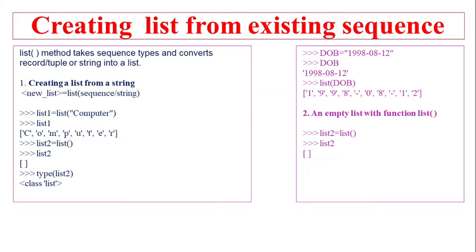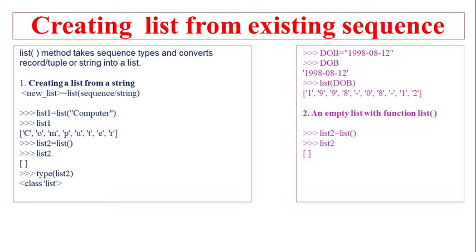Moving on. Next one is creating a list from an existing sequence. We have different ways of creating a list. Normally here we create a list from an existing sequence. We have something already and we are creating a list from that existing thing.